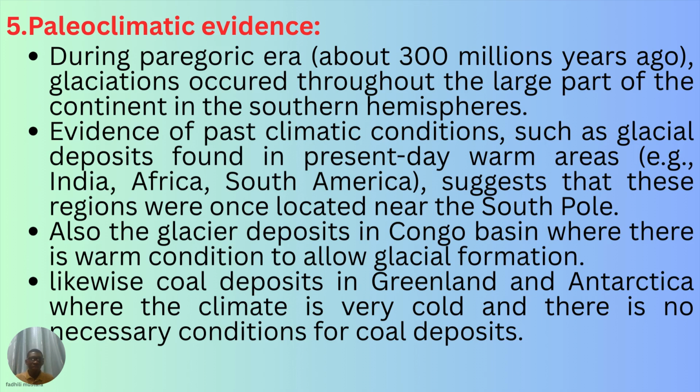That's why today we see the presence of glacial deposits in some warm areas. That gives us proof that these glaciers were formed before the continental drift, at the time when there was only a single land mass.